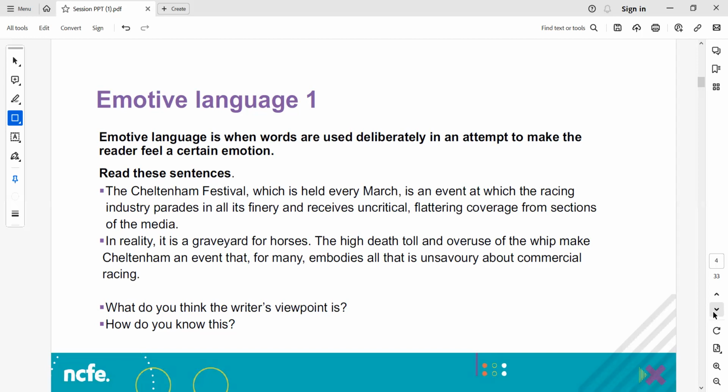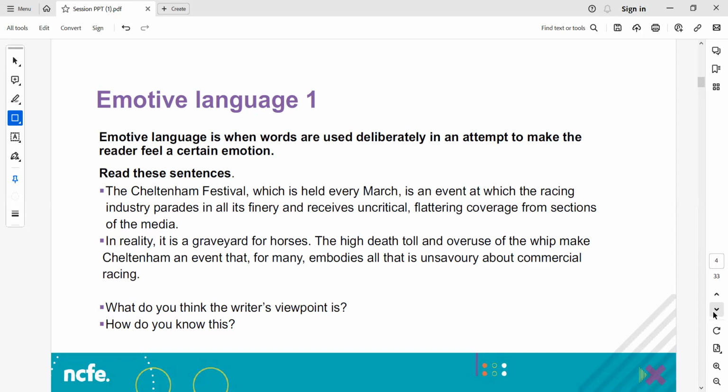Okay, so the Cheltenham Festival, which is held every March, is an event at which the racing industry parades in all its finery and receives uncritical, flattering coverage from sections of the media. In reality, it is a graveyard for horses.